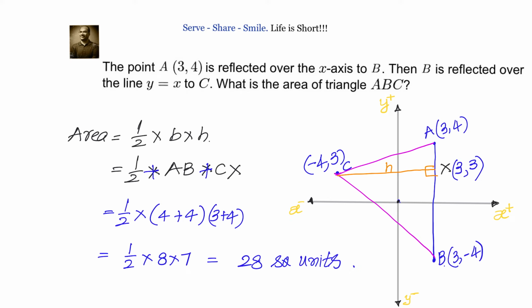So we can use basic coordinate geometry, and we know that the distance AB is the difference of y coordinates, and the distance between C and X is the difference of x coordinates, because AB is a vertical line and CX is a horizontal line. So the answer is 28 square units.